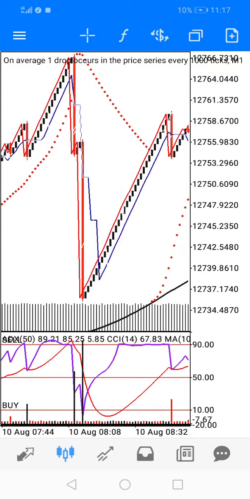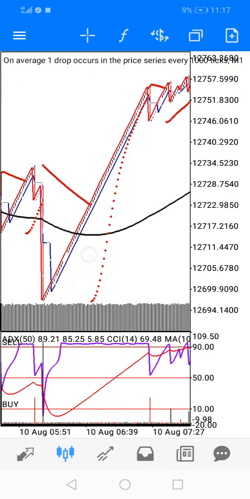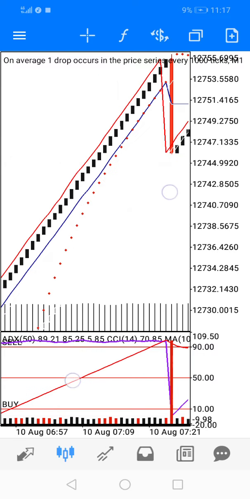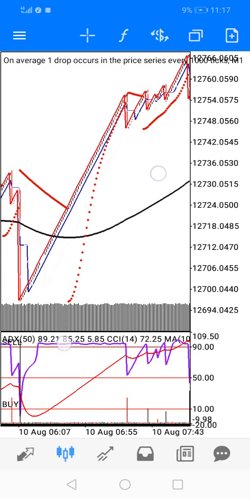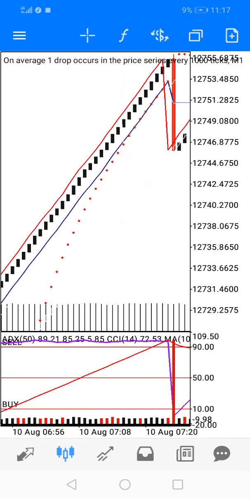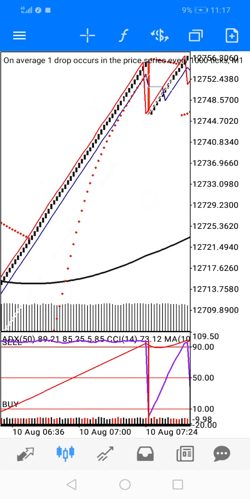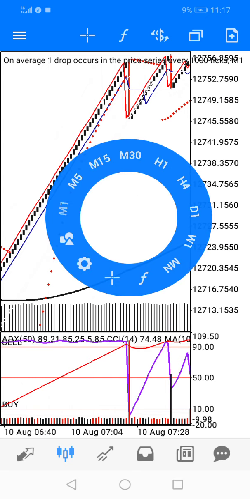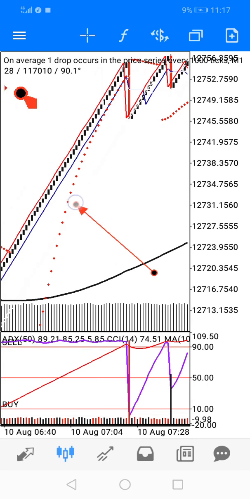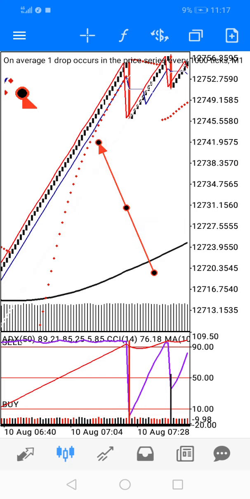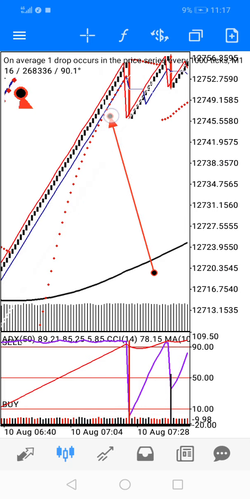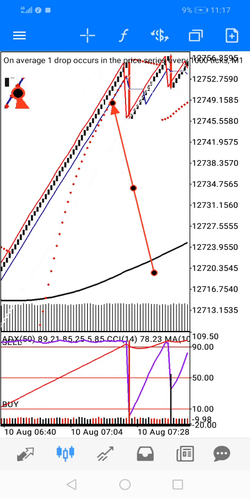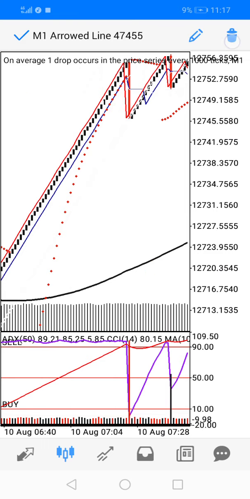So let's check, in times like this, you see even here is the same thing. The parabolic SAR comes here, and then you see it actually moving closer to the price, and it starts moving on top of this blue moving average.